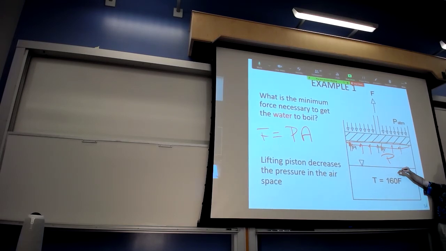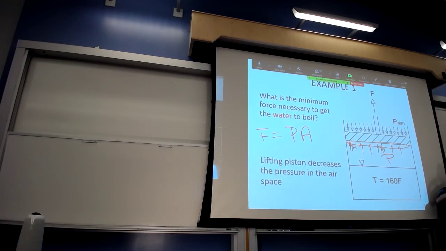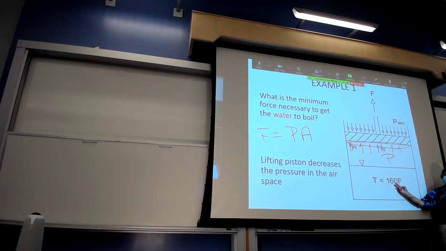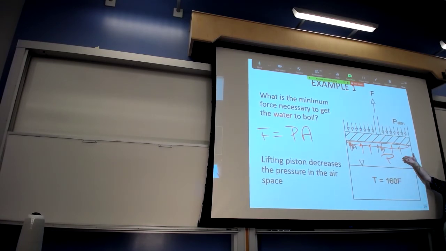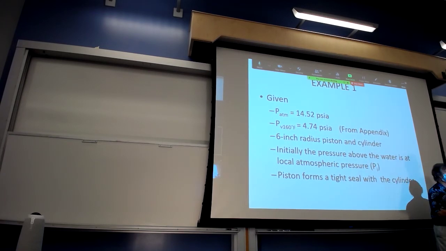So what's happening is we initially had atmospheric pressure here. By lifting up the piston, we want to create the vapor pressure of water at 160 degrees Fahrenheit. Initially, this was also at 14.52 psia. We want to lower it to 4.74 psia by pulling up on that piston.